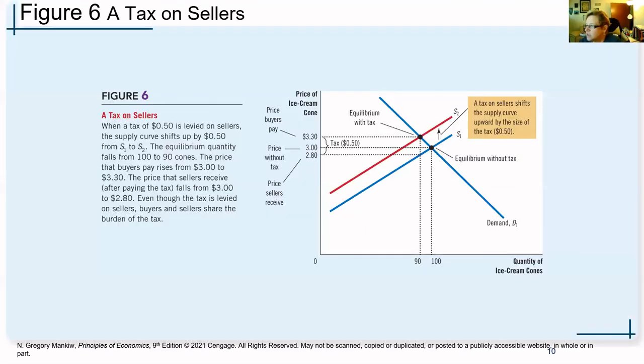So here, tax levied on sellers, can you see it? There's your tax. There's the price that buyers pay. There's the price that sellers receive. And you could have got there very quickly, and then just drawn your supply with the tax after you put in your tax wedge.